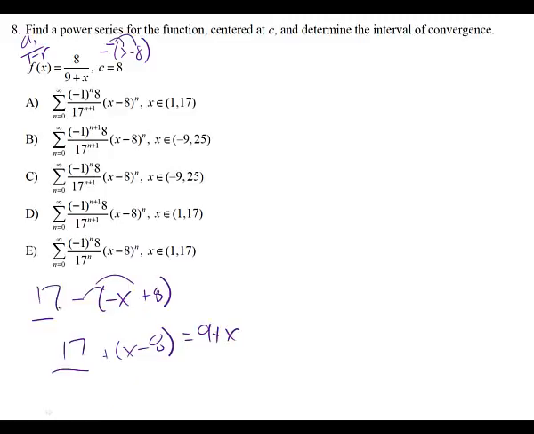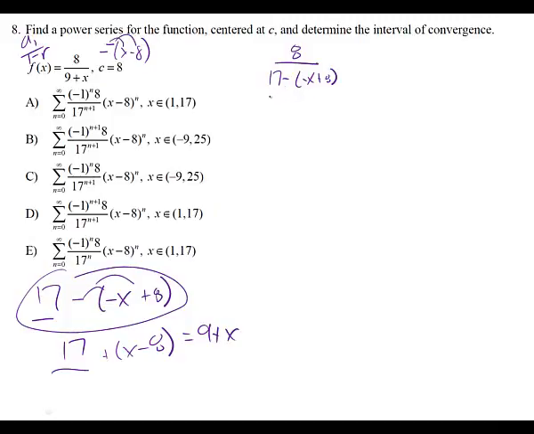17. So I'm now going to rewrite this thing with the 17 in the blank. Actually, I'm going to rewrite it with this whole thing in it for the 9 plus x. So I've got 8 over 17 minus negative x plus 8. But what did I need this first number equal to right here? 1.